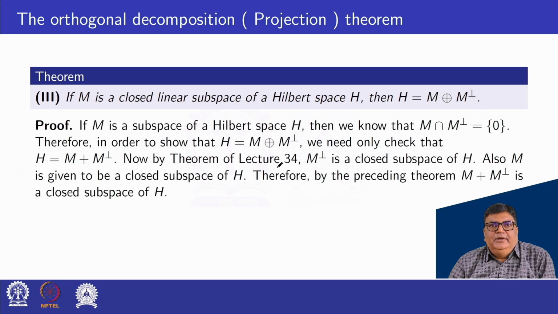Now by the theorem of lecture 34, M perpendicular is a closed subspace of H, because M is a closed linear subspace of a Hilbert space H. Also M is given to be a closed subspace of H. Therefore, by the above theorem, M plus M perpendicular is a closed subspace of H.